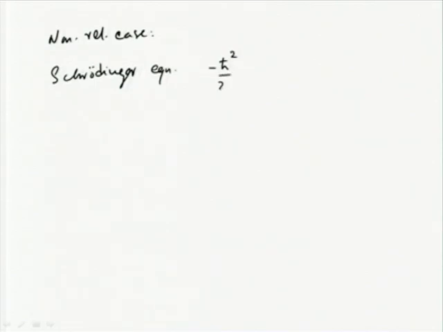Now, let us start from the beginning. In the non-relativistic case, the equation of motion is basically the Schrodinger equation, which can be written as minus h cross square over 2 m grad square psi for a wave function psi, which essentially gives you the kinetic energy term, plus the potential energy term V x psi, where x is now a 3-dimensional vector, equal to I h cross dou by dou t, the energy operator acting on psi. This is the non-relativistic Schrodinger equation.